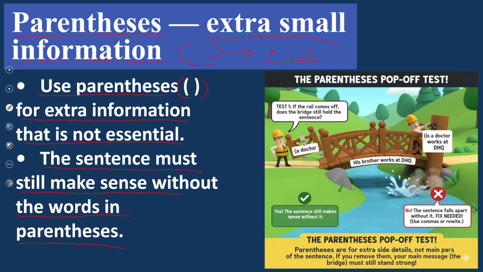This is the same concept: if we remove the words in the parentheses, the sense of the sentence will not be disturbed. Yes, it means that parentheses play the role of a bridge, although they are not necessary, but they can connect.